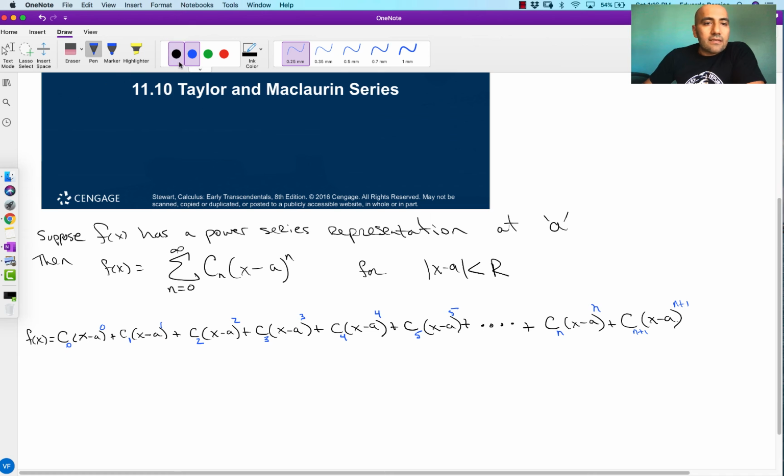And the one after that is plus c sub n plus 2 to the power of n plus 2. And then it goes on, plus dot, dot, dot, forever. So I'm just pointing out that somewhere along the path, there's the nth one, then the n plus 1, then n plus 2, and it just keeps going on forever. Okay, so this is a nice expanded one.